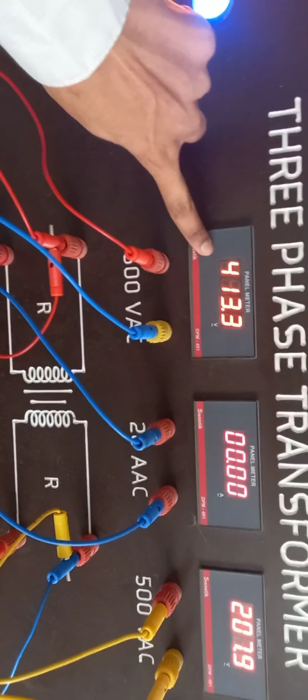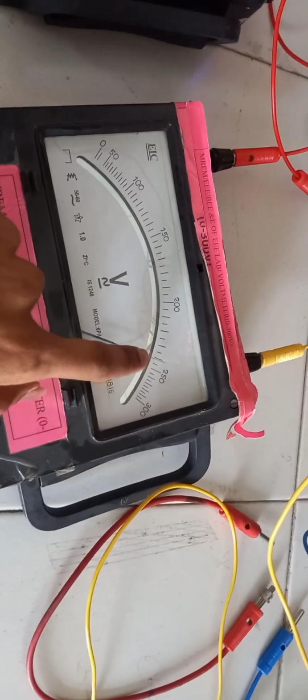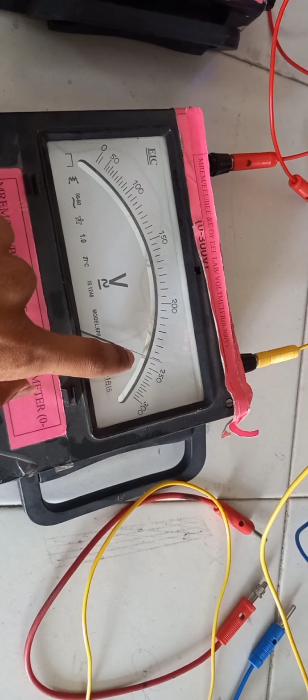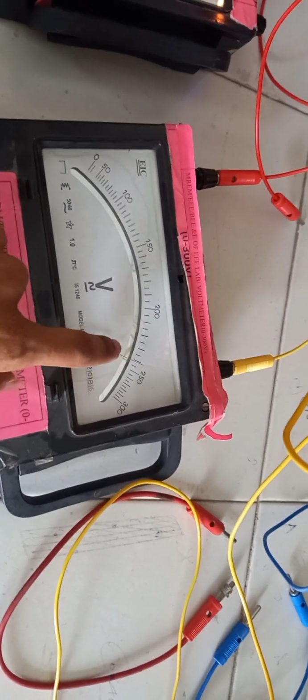So I have connected only a phase voltage at the primary side. So 430 volts line voltage, and approximately 245 or 247 volts phase voltage.